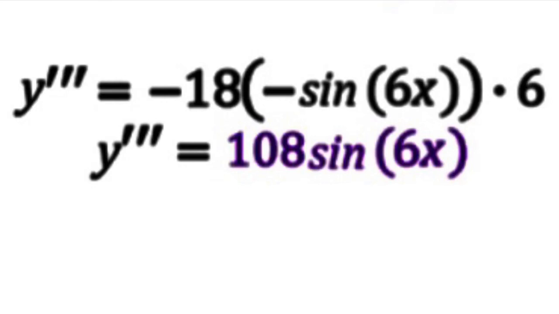We will get y triple dash is equal to minus 18 into the derivative of cos of 6x, which is minus of sine 6x into the derivative of 6x, which is 6. Now simplify. So we'll get y triple dash is equal to minus minus will become plus, and 18 into 6 will be 108 into sine of 6x. So this is your third derivative.